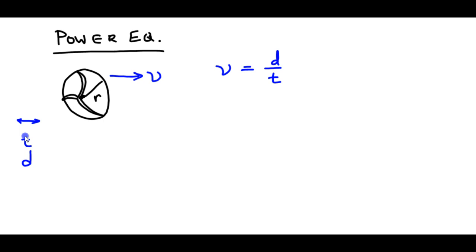And in that distance d, we could draw the volume of air that will pass eventually through the turbine. Okay. We know that the radius here is r. We know the distance d.